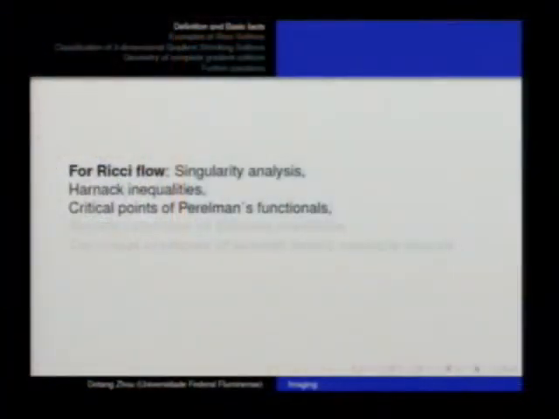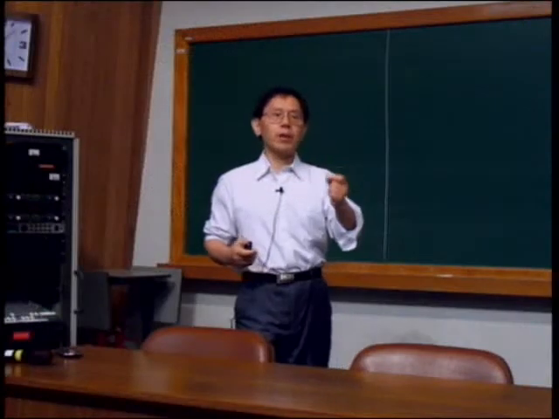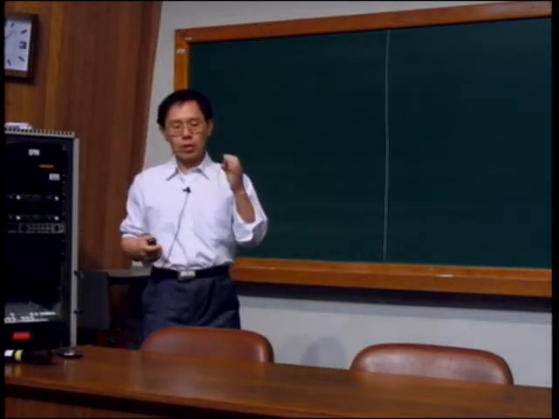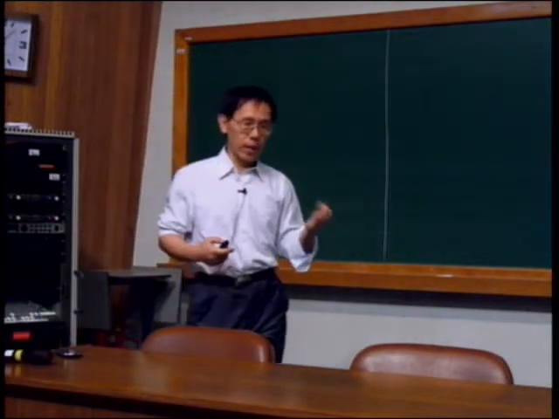Also, it is quite similar to many variational problems. If you look at Perelman's functional, the soliton is a critical point of the functional. And when it is a critical point, you can study the stability.